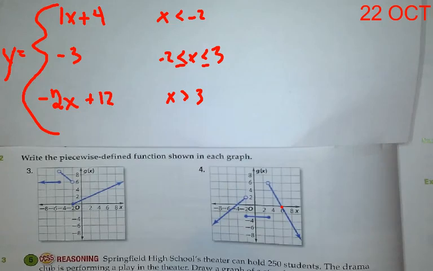Positive 2 is in between here. So I know that when positive 2 goes in, the y value is negative 3. And then if I pick like negative 5 or something, negative 5 is a number that's smaller than negative 2, so I'd put negative 5 in here, and I'd be able to find my value. That's the whole shebang. You should be able to do today's homework.